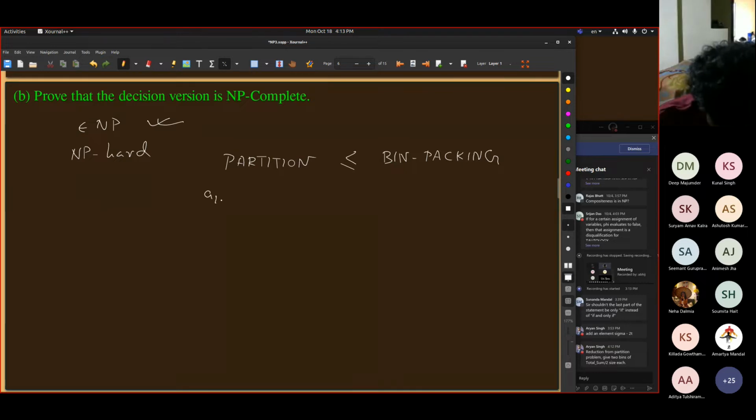So the input for partition is A1, A2, through AN, with the summation of Ai, i from 1 to N, even. Then from this you generate the same instances A1, A2, through AN, but you give bins of capacity A by 2 each.